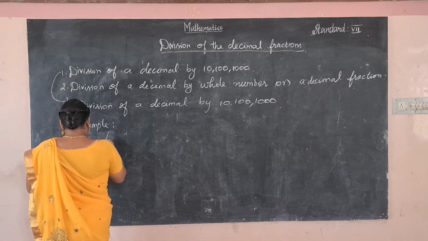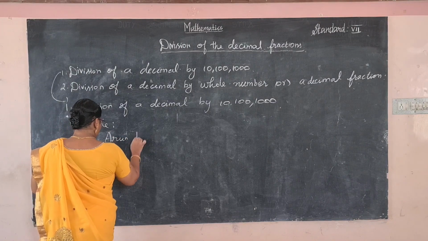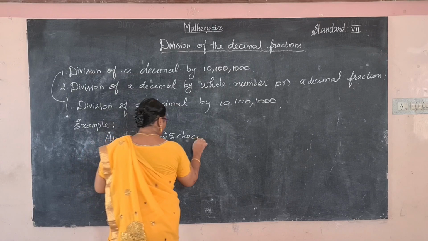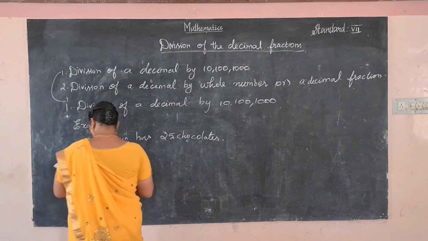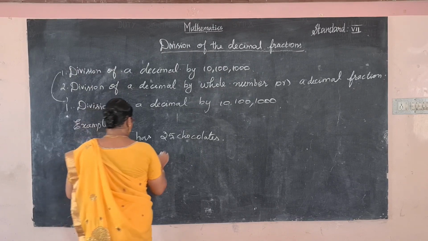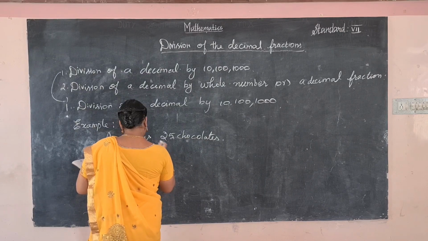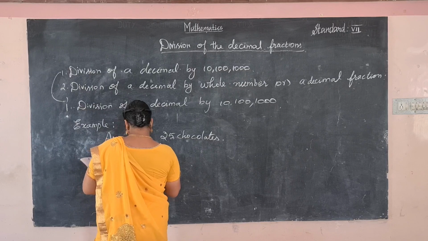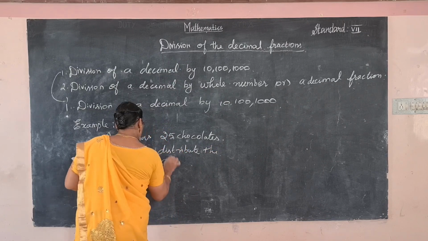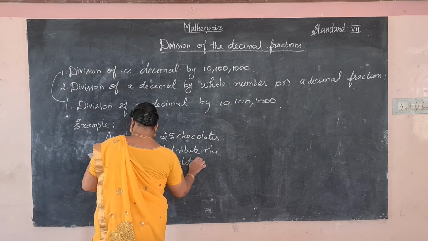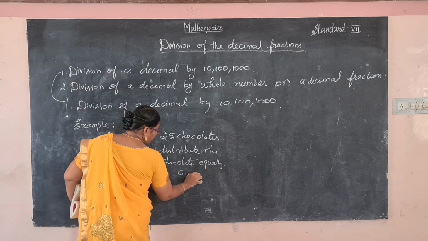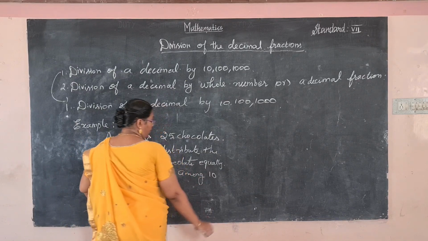Okay, so Arun has 25 chocolates, and he distributes the chocolates equally among 10 people.